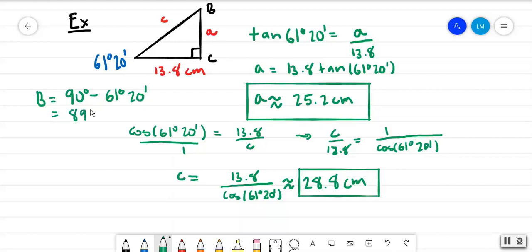You take 89 degrees and 60 minutes, minus 61 degrees and 20 minutes. So that means it's going to be 28 degrees and 40 minutes. So angle B is 28 degrees and 40 minutes.